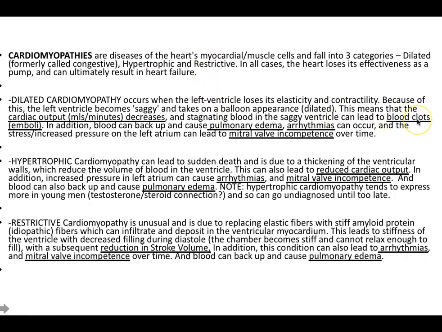Second, blood clots. Because so much blood is left behind and stagnates, that is a trigger for thrombus and emboli formation, or the formation of a blood clot in an unbroken blood vessel or chamber. So that means that people with cardiomyopathies have to worry about strokes and heart attacks.